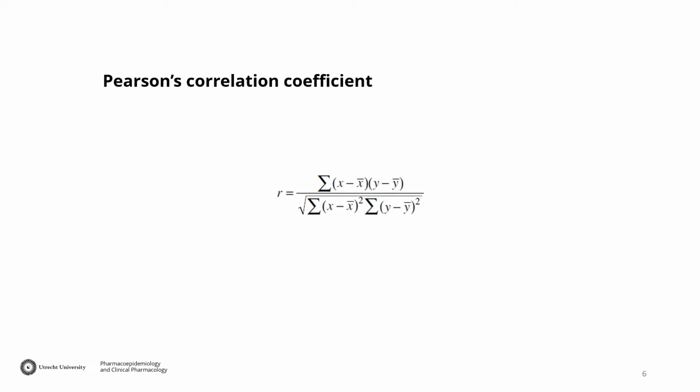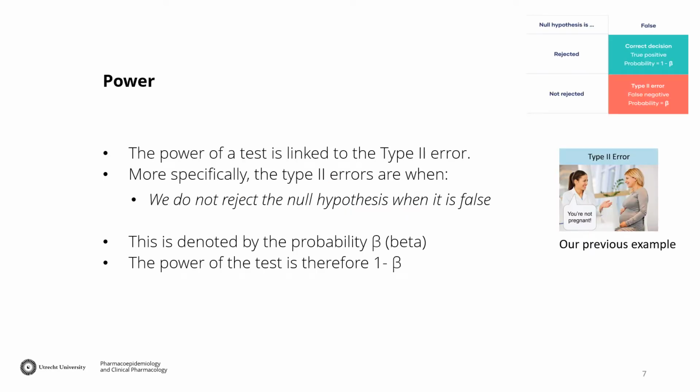So now we'll move into power. The power of a test is linked to type 2 error, which we also talked a little bit about in the previous lecture. If you remember, we had this example with the not pregnant, maybe pregnant lady, and we also had our table with the false and rejected null hypothesis and everything.